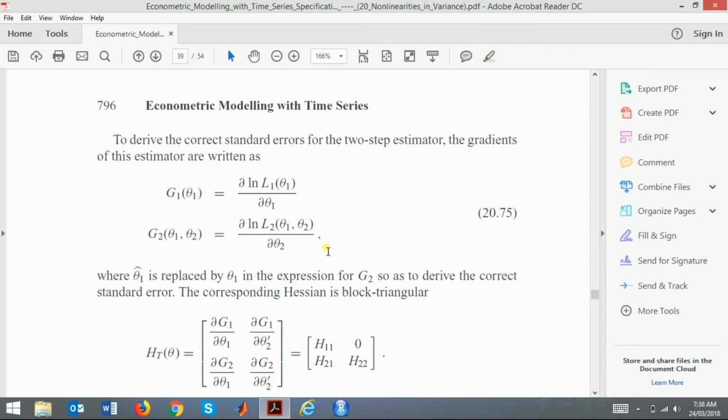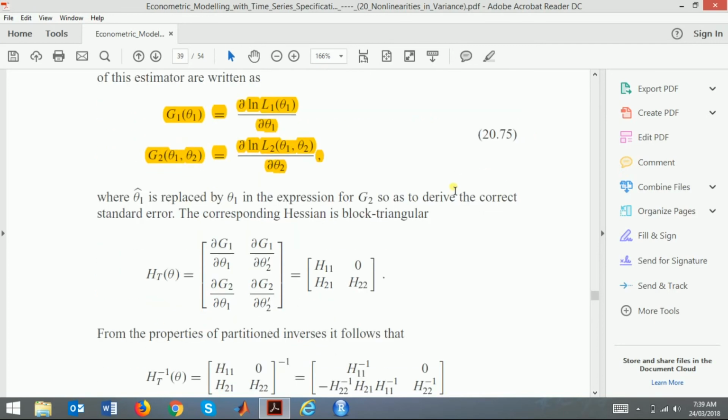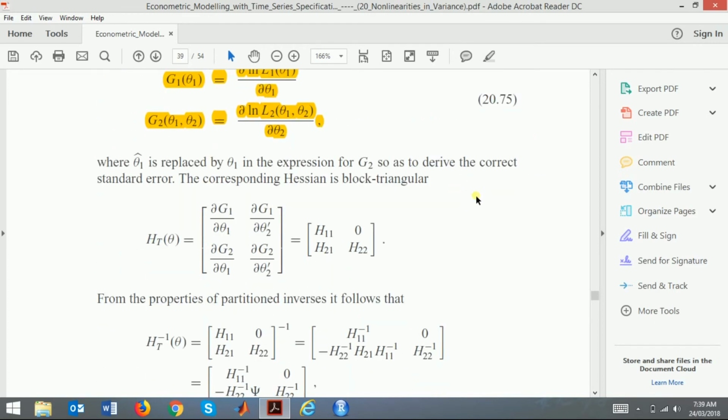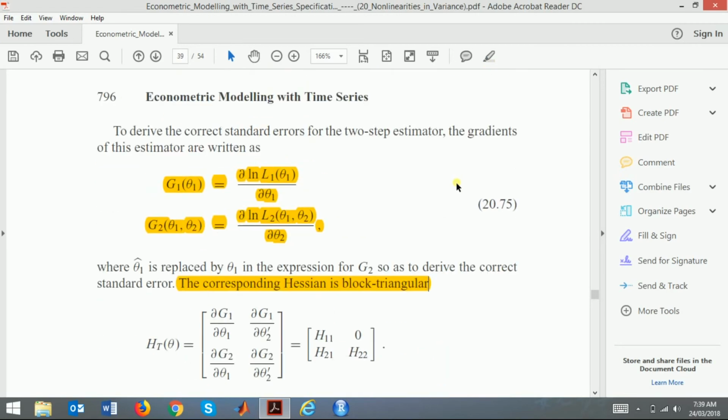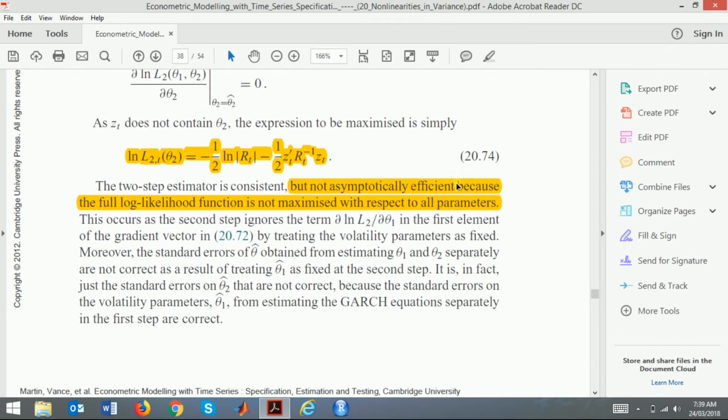Okay, whatever. So this is the process of finding the correct standard errors. The estimated parameter is replaced with theta to derive the correct standard errors. The Hessian is block triangular. Why are we not getting correct standard errors?